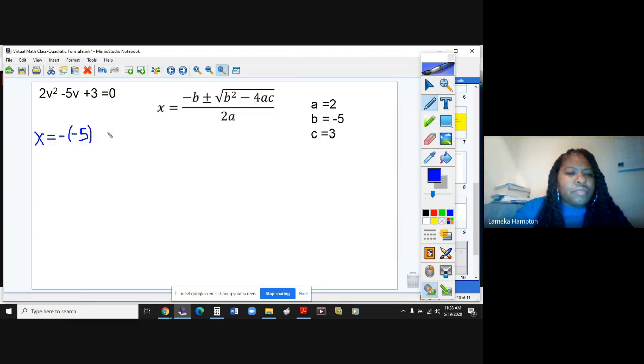And that's going to be plus or minus the square root of (-5) squared minus 4 times 2 times 3, and then all of that is going to be over 2 times 2.